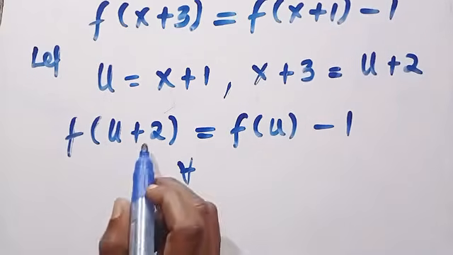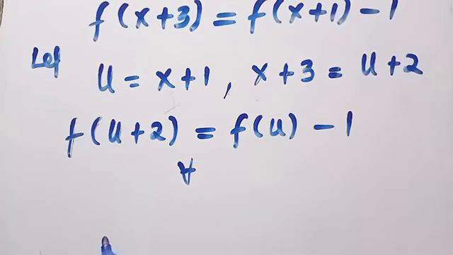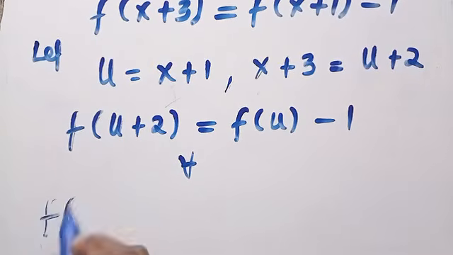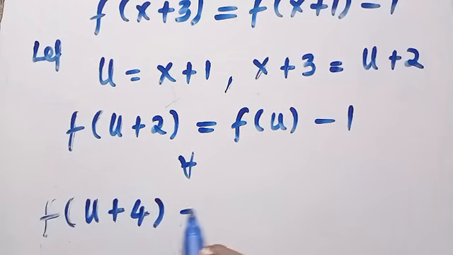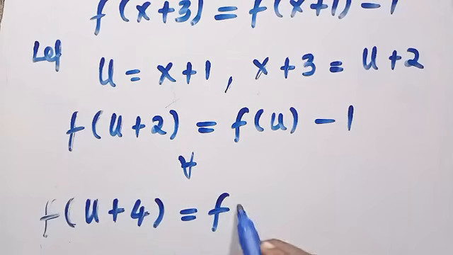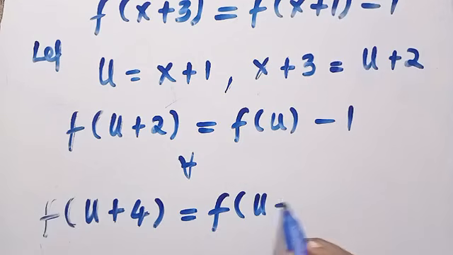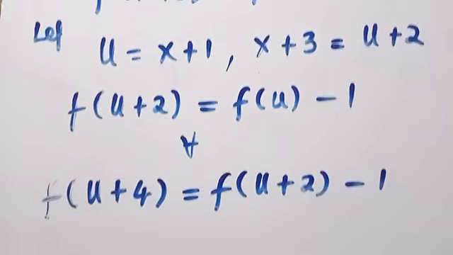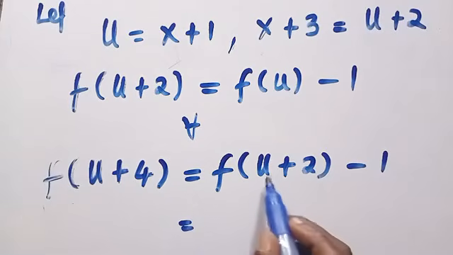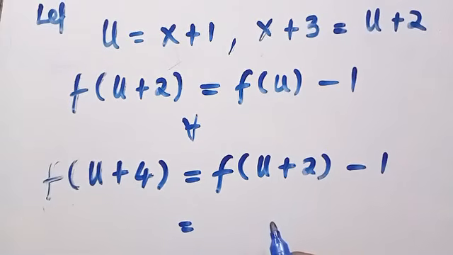So as far as this keeps decreasing, let's say I increase this one by 2, we are going to have f of u plus 4 equals f of u plus 2 minus 1. But I want to leave this also in terms of f of u.